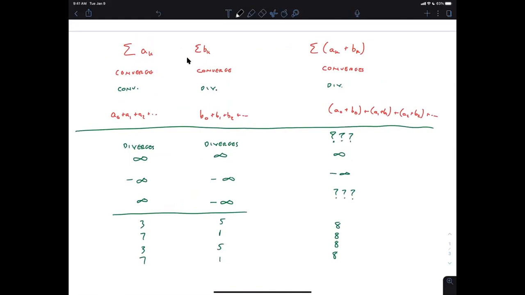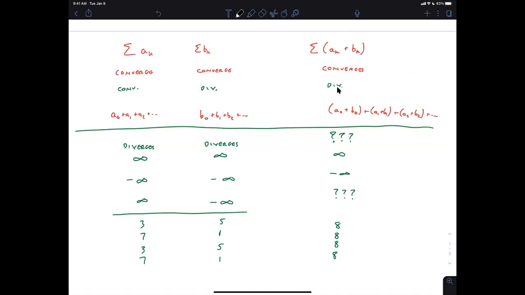If they all converge, and even if I had more than 2 of them added up, if you have a bunch of series added up and they all converge, then the total converges. Does that make sense to everybody? If you have a bunch of series added up and exactly one diverges, then what does the total do?